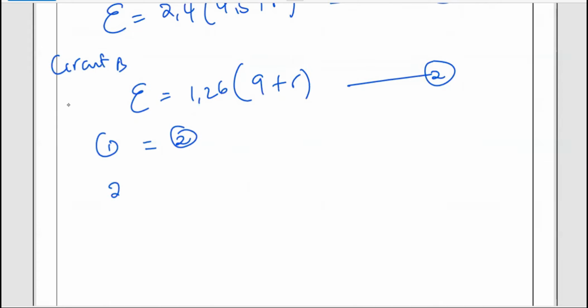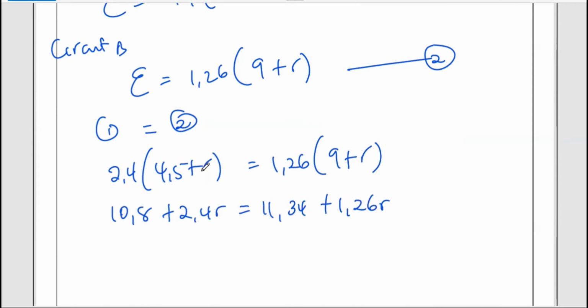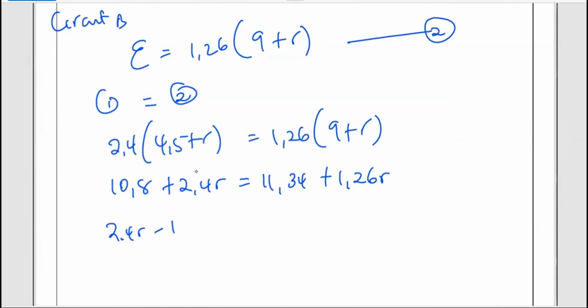So 2,4 times 4,5 plus R is equal to 1,26 times 9 plus R. Let's open up the brackets. 4,5 multiplied by 2,4 gives us 10,8 plus 2,4 R. Then 1,26 multiplied by 9 is going to give us 11,34 plus 1,26 R. Let's collect the like terms. 2,4 R minus 1,26 R should give us 11,34 minus 10,8. 2,4 minus 1,26, I'm getting 1,14 R.